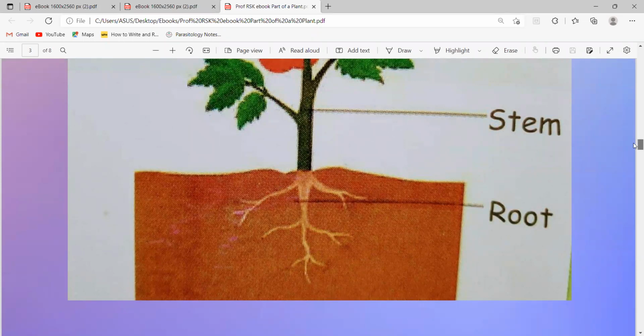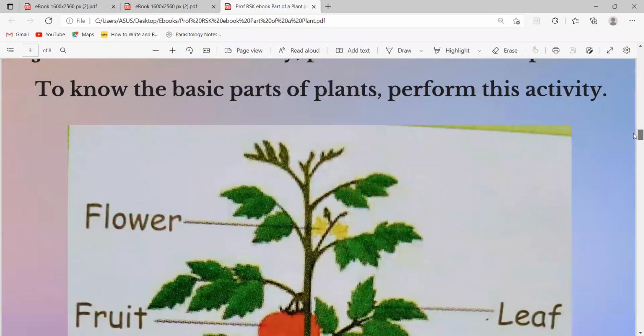So please, I want you to look at it again. The parts of the plant above the soil level is the shoot system. Please note it. It is a likely examination question. The part above the soil is the shoot system, and the part below the soil is the root system.